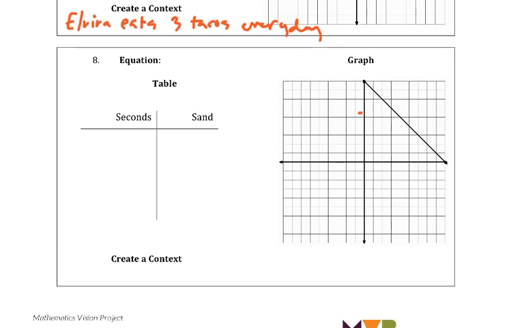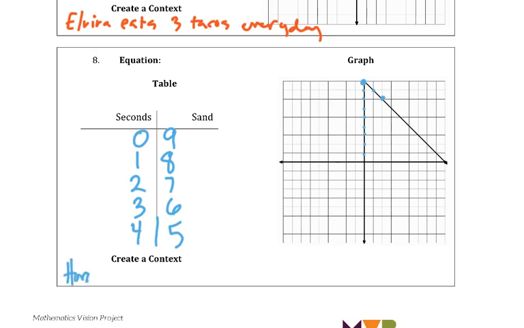All right, last one. We've got an equation. I'm probably going to want to go 0, 1, 2, 3, 4. So at 0, we're clear up here. We're assuming we're counting by ones. 1, 2, 3, 4, 5, 6, 7, 8, 9. So start at 9. Then we go down to 8, then to 7, 6, 5. And seconds and sand. In seconds we're getting less sand.